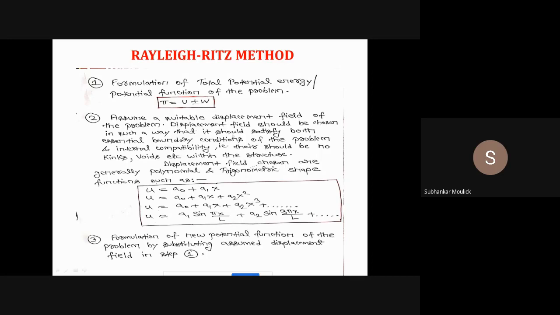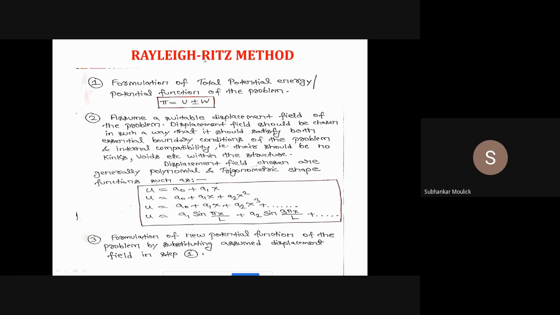But keep one thing in mind while choosing these displacement functions: the displacement function should satisfy the essential boundary conditions of the problem. I have already told you in the previous lectures what the essential boundary condition is, as well as the internal compatibility of the problem. Internal compatibility means there should be no kinks, voids, etc. within the structure. That means there should be no discontinuities present in the structure.